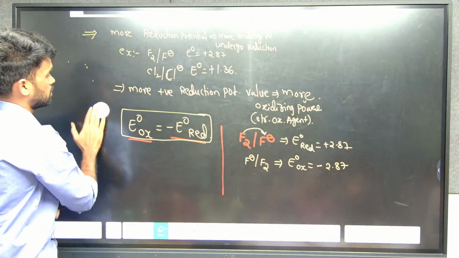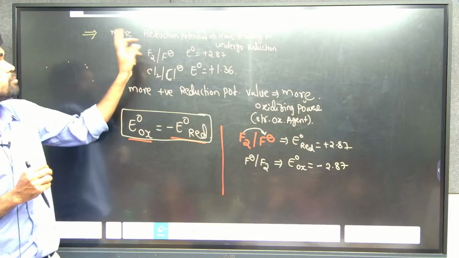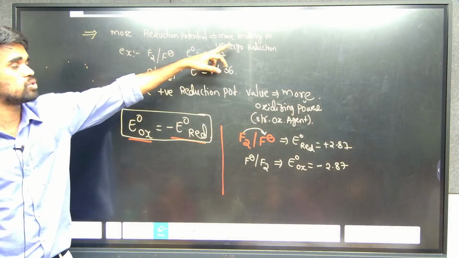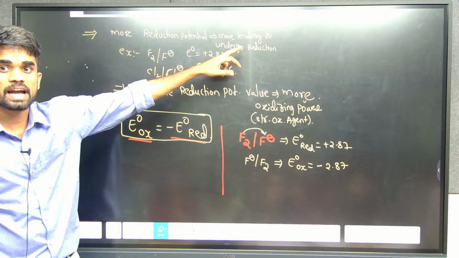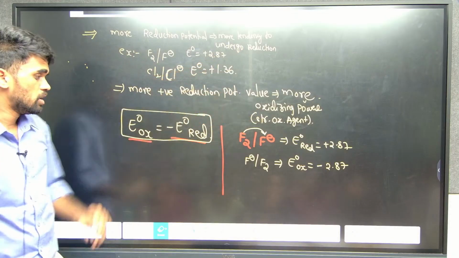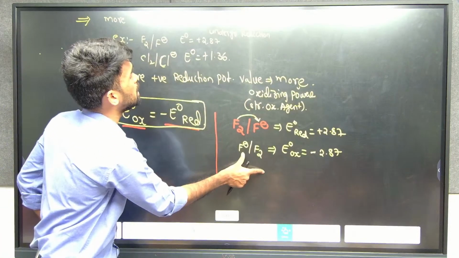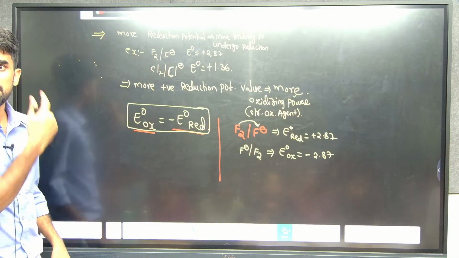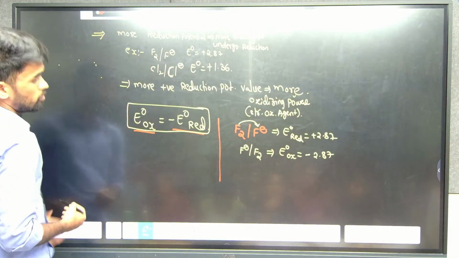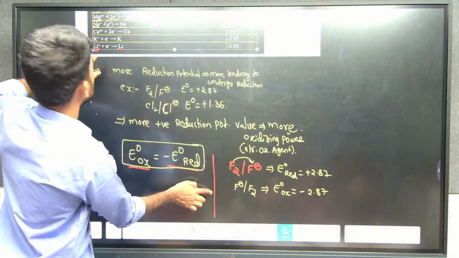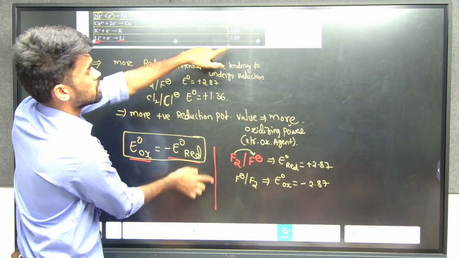Next. Now what I told you: more reduction potential, more tendency to undergo reduction, that acts as a strong oxidizing agent. So who has the least reduction potential in the table? Lithium. What is its value you have seen? Minus 3.05.